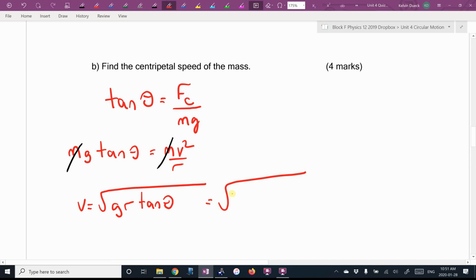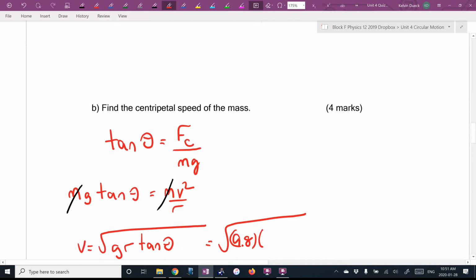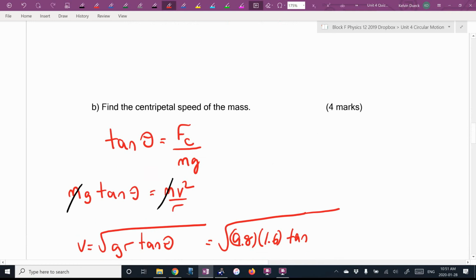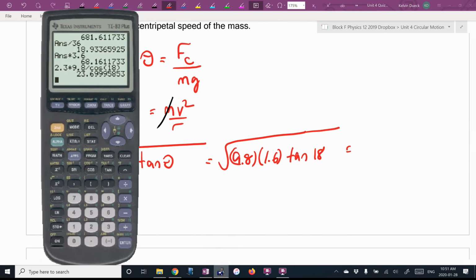It's going to be the square root of 9.8 times r, 1.6, tan, what was theta? 18. Don't forget to square root this time. 9.8 times 1.6 tan 18, square root.